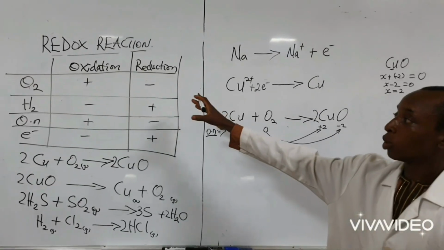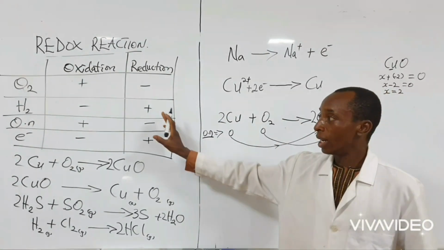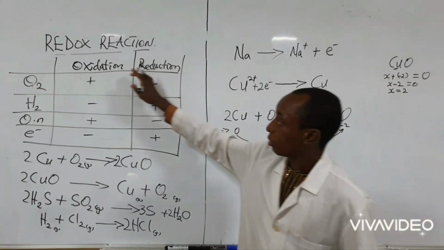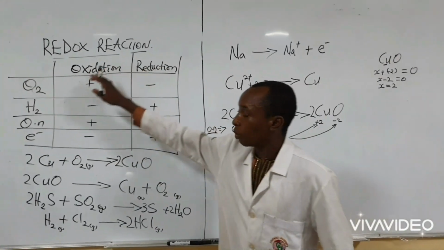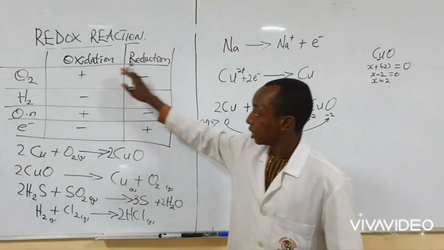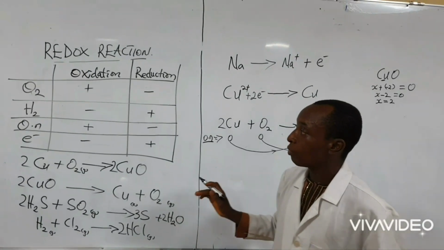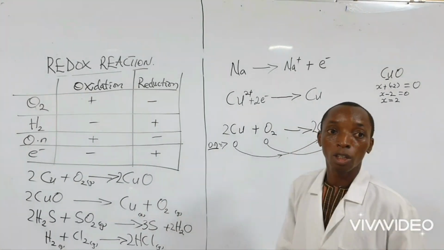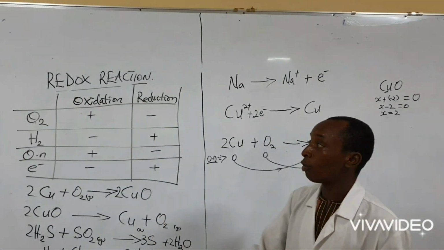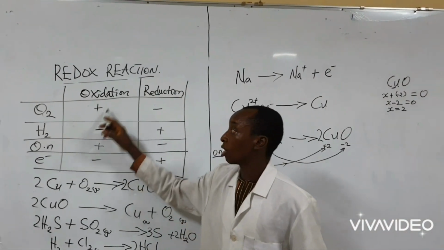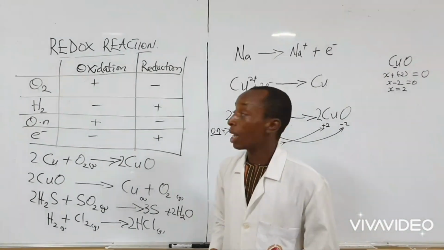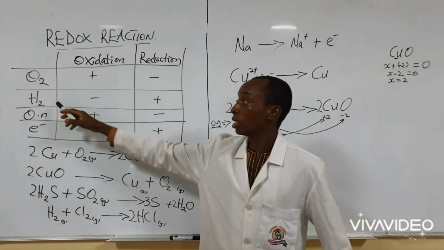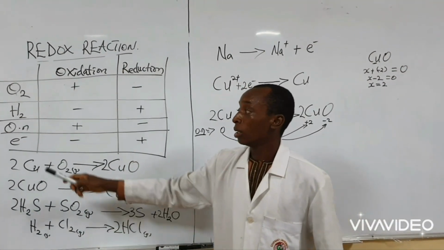Yes, going back to this table, it will be very easy in examination or before examination. If you sit down with this table and study it properly, it will be very easy for you to define your oxidation and reduction, even at a glance. In terms of oxygen, oxidation is addition of oxygen to a substance. In terms of hydrogen, oxidation is removal of hydrogen from a substance.